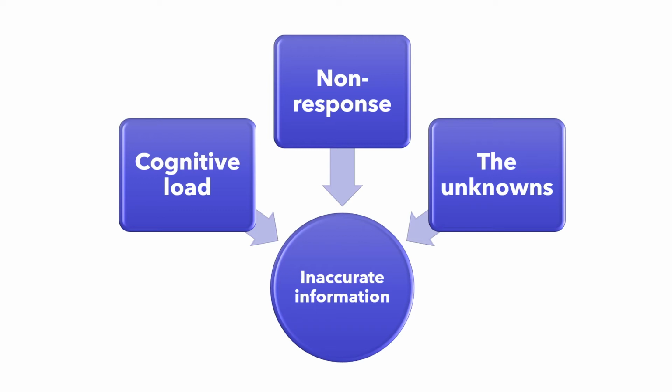The second cause of missing data is inaccurate information. If you use interviews or survey instruments to collect network data, the collected data are subject to how much social interactions people can remember rather than the actual social interactions. There are techniques you can use to reduce research participants' cognitive load.